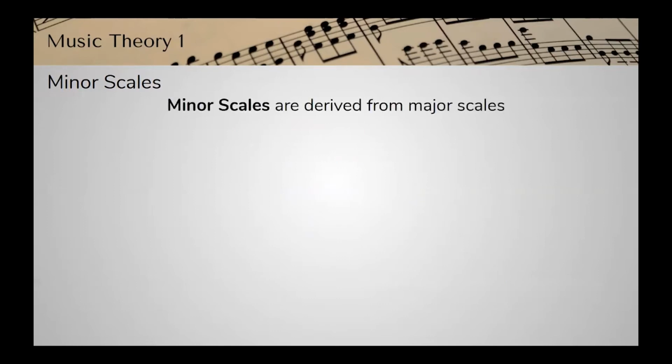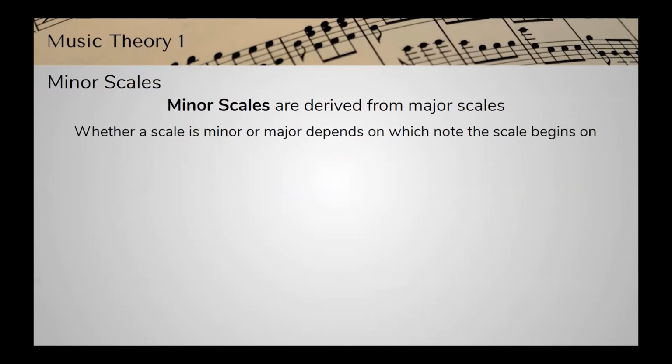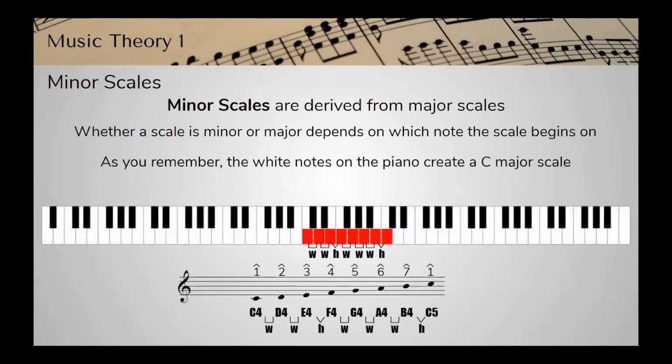Okay, so the most important thing to remember about minor scales is that they are actually derived from major scales. So whether a scale is minor or major depends on which note the scale begins on. As an example, the white notes on the piano create a C major scale, as you remember. So I'll play that.